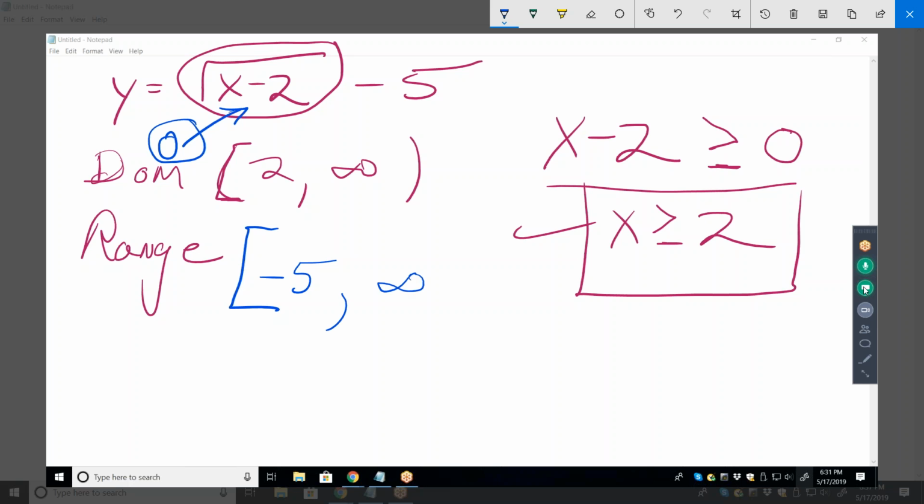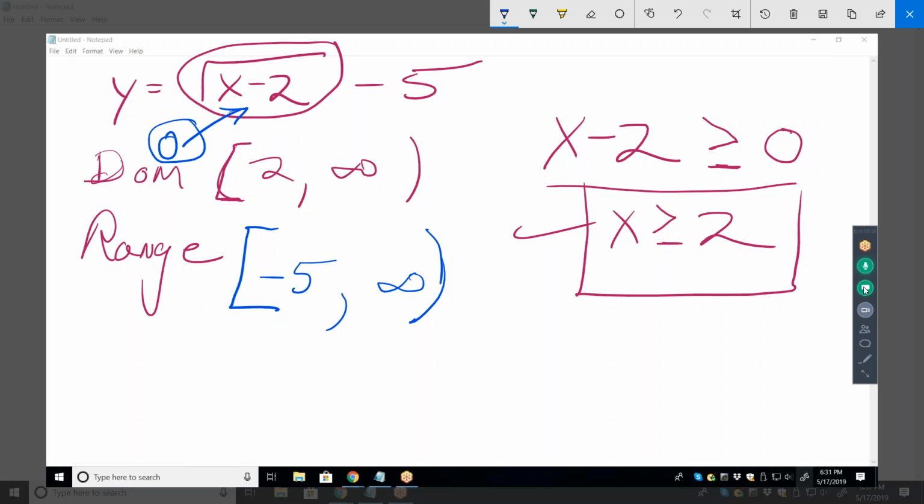In other words, as x gets bigger and bigger and bigger, then the range just gets bigger and bigger and bigger. And if x approaches infinity, then the square root of infinity approaches infinity. And infinity minus 5 is infinity.